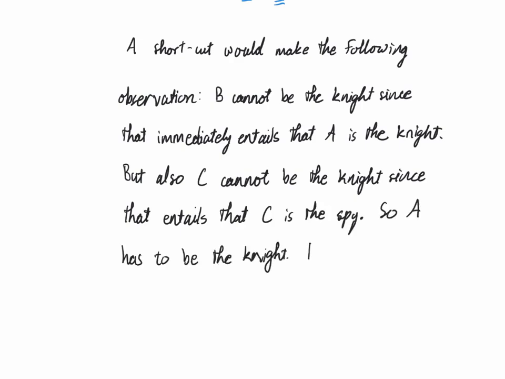So C also cannot be the knight, therefore A has to be the knight. And then from that, you could do the reasoning steps that we've already walked through to get all the other determinations. That would have been a much faster, more efficient path through the problem, but you'd have to think to check that kind of a thing. And so anyway, solve it whatever way is your favorite.